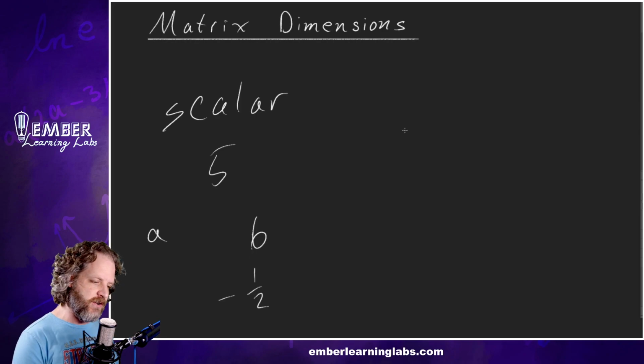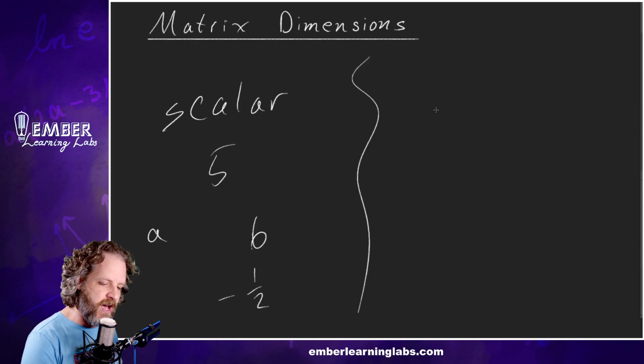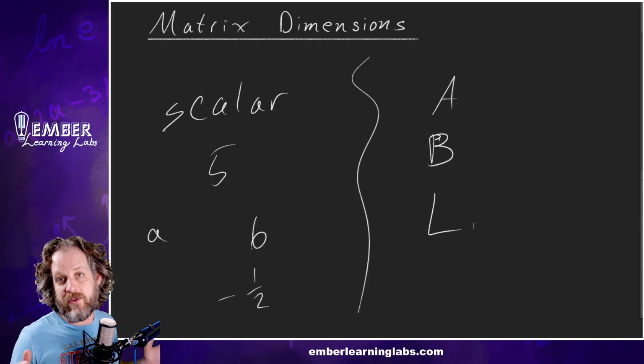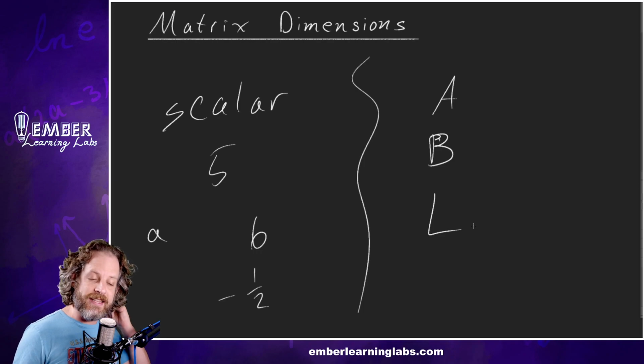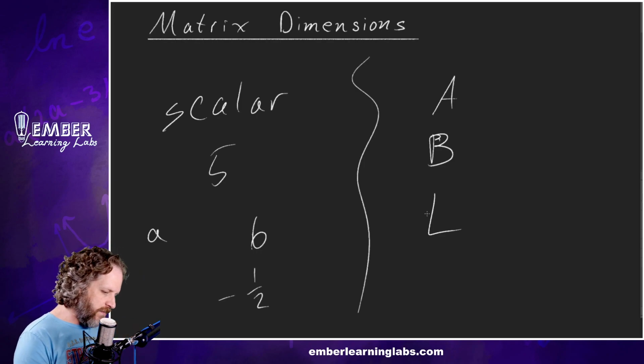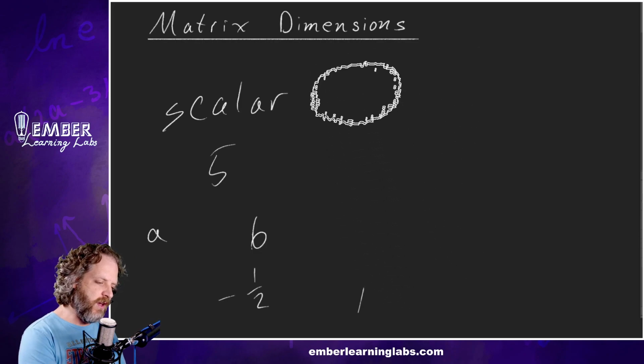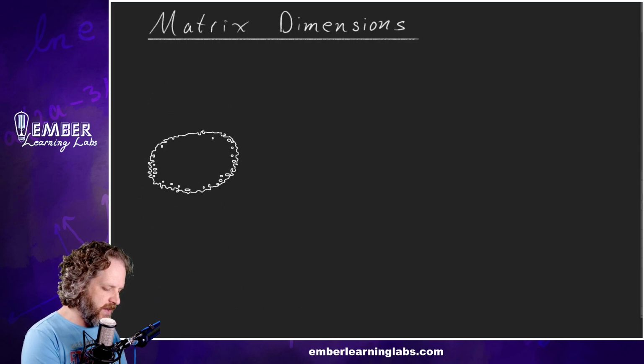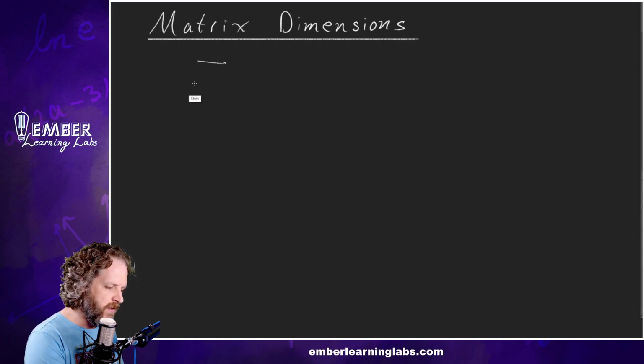Now, a matrix is almost always represented with an uppercase letter, something like an A or a B or an L. And a matrix is basically just a grouping of rows and columns, okay? So something like this.